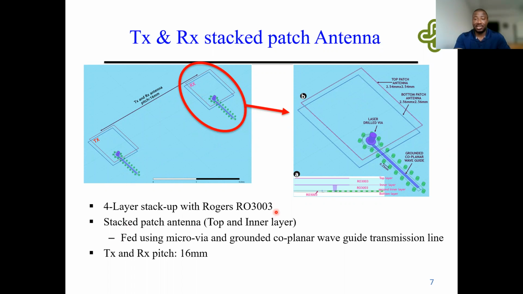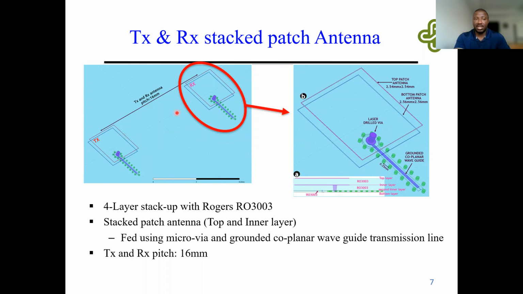The stacked patch antenna has its patch on both the top layer and inner layer, as seen in this side view. And the antenna is fed using microvia and grounded coplanar waveguide transmission line, as seen here.